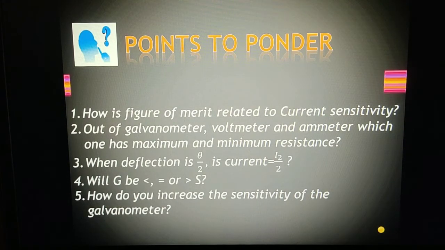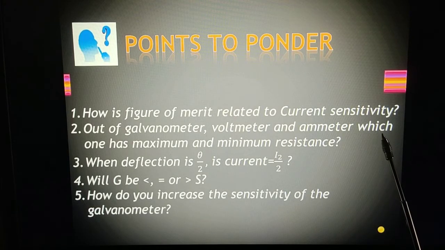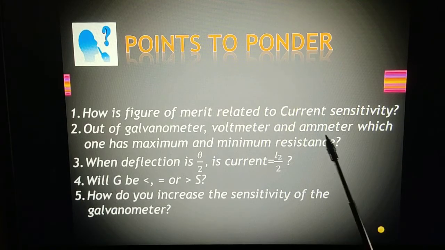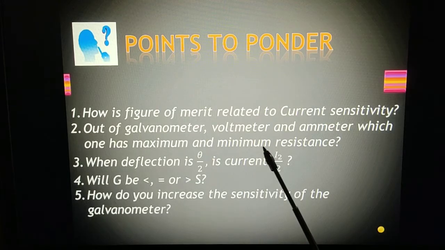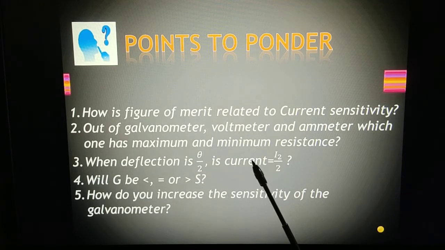These are a few questions for you to answer. How is figure of merit related to current sensitivity? Out of galvanometer, voltmeter and ammeter, which one has maximum and minimum resistance?